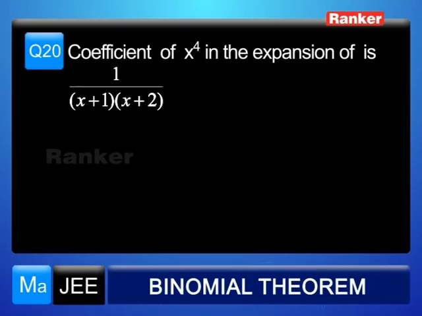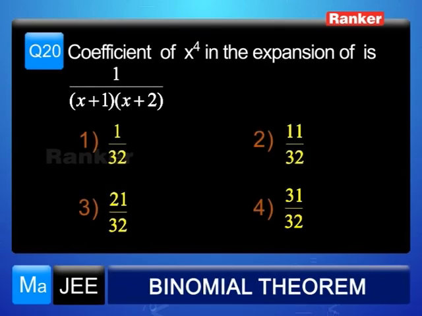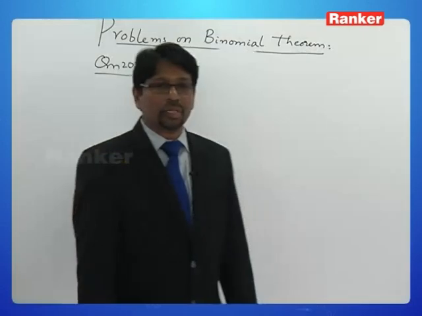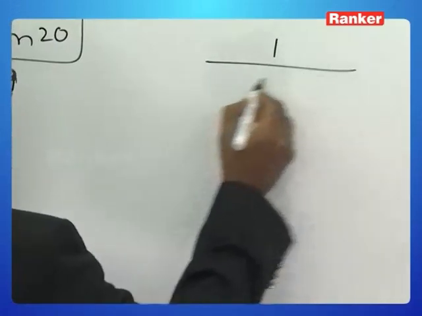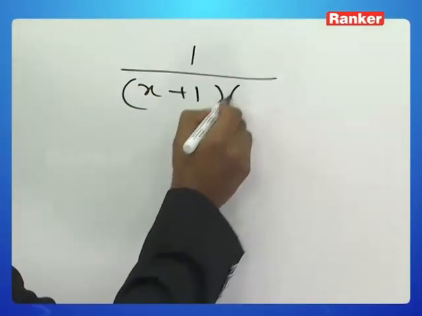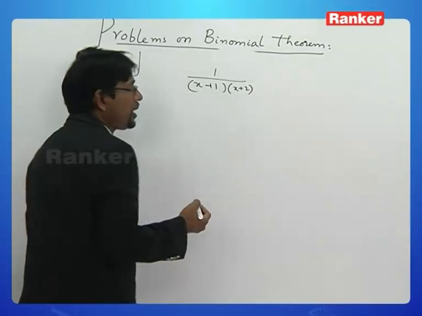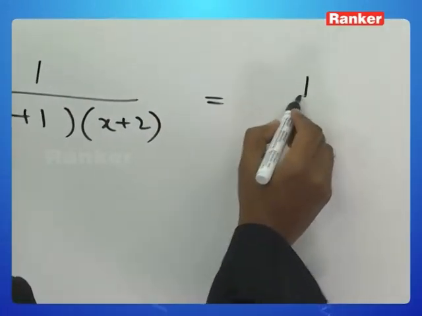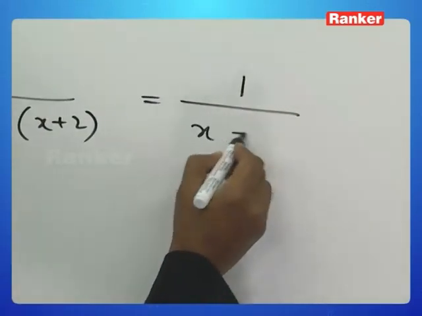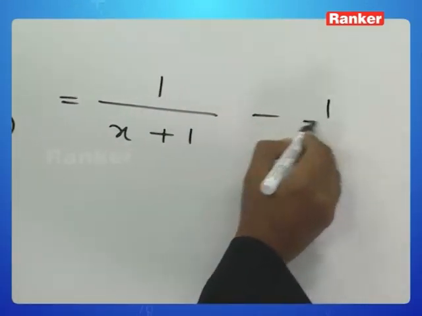The coefficient of x power 4 in the expansion of 1 by x plus 1 into x plus 2 is: 1 by 32, 11 by 32, 21 by 32, 31 by 32. Now, let us observe that 1 by x plus 1 into x plus 2 can be made into two partial fractions like this: 1 by x plus 1 minus of 1 by x plus 2.